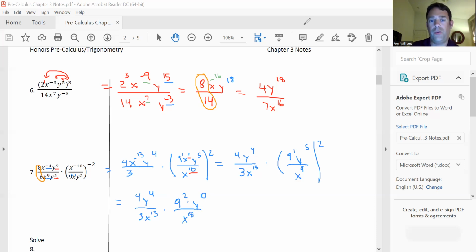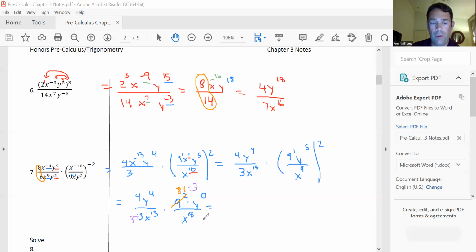So let's see here, 9 squared, I'm going to do a little shortcut here. 9 squared, well, that would be 81. And now I look here and I see my 3 and my 81. So I'm going to cross cancel. In other words, I'm going to divide this by 3 and I'm going to divide this by 3, just so that I can clean this up a little bit and maybe make my simplifying a tad bit easier.